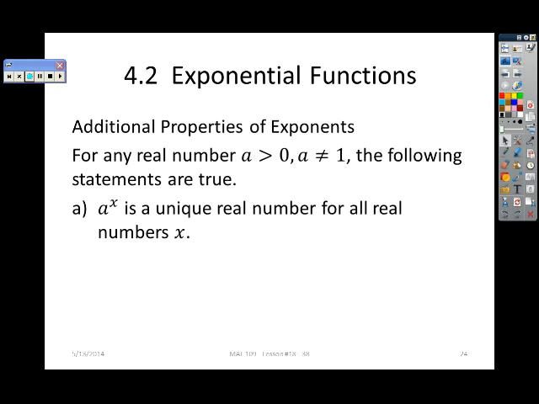It's a unique result. I can't put two different x's in and get the same result. So a to the second and a to the third are going to be different numbers. That's going to be true for every x, as long as they're real numbers. And we're only going to look at real number x's now.